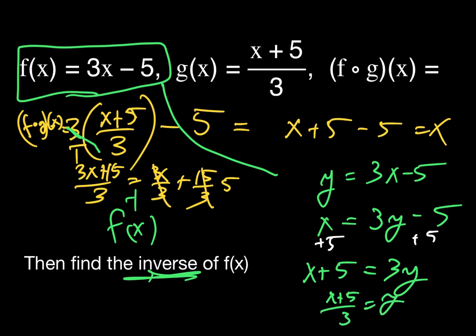What does that look like? So g of x is the same thing as the inverse of f of x. The other way I knew that it was is if I ever take a composite of inverse functions, they will always equal x.